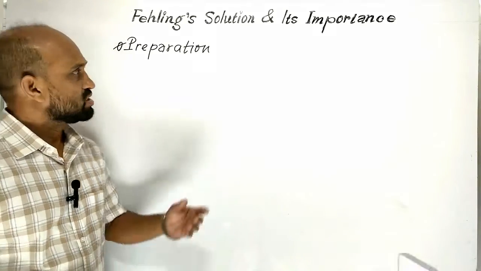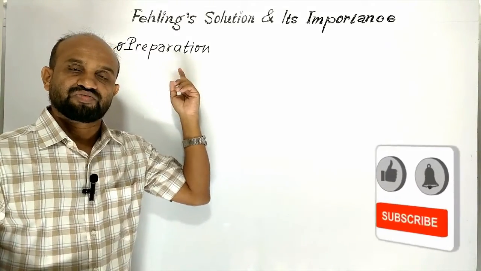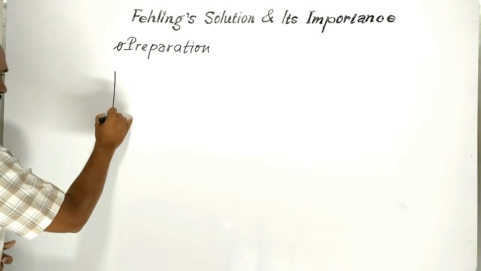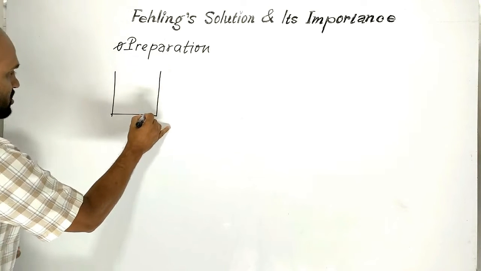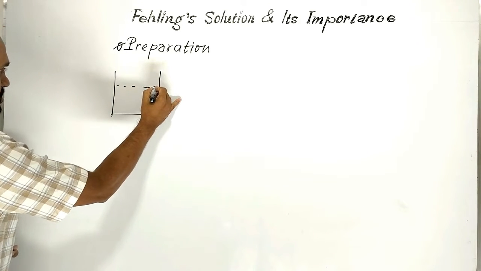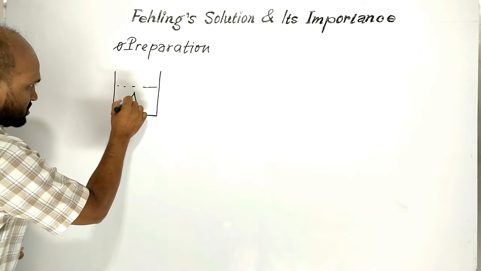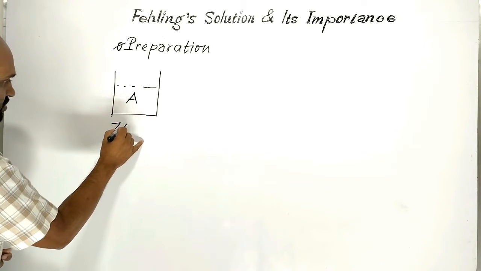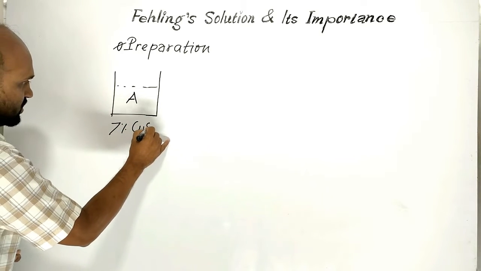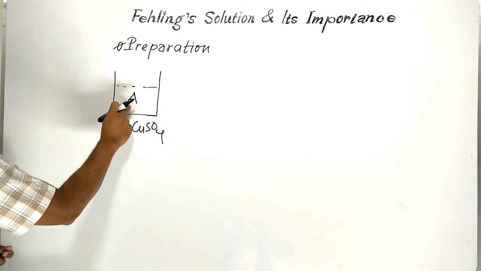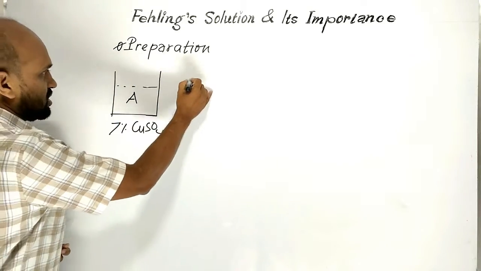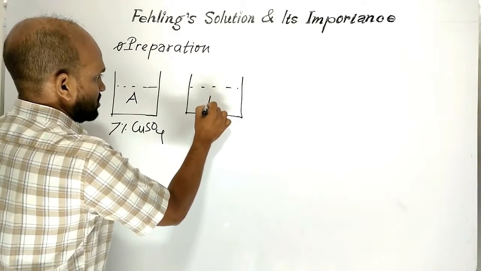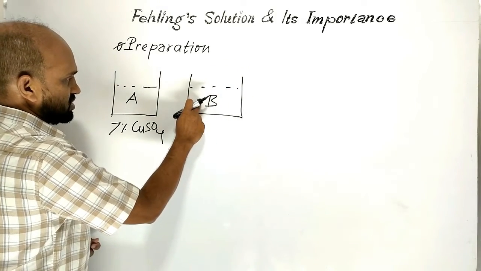First point is preparation of Fehling solution. Let's have a look. Suppose this is a beaker with a solution. Let's consider this is solution A, in which 7% copper sulfate is present. Another beaker where solution B is present.